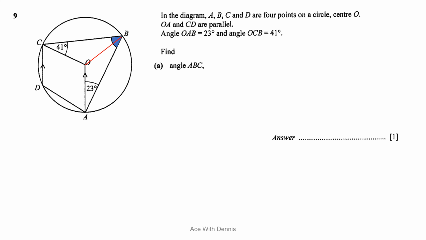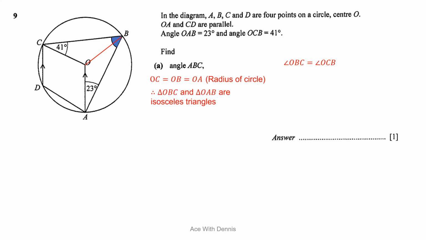Before we find angle ABC, we need to draw a straight line joining point O and B. From here, OC equals OB equals OA, because all these 3 lines are the radius of the circle. Hence, triangle OBC and triangle OAB are isosceles triangles. Hence, angle OBC equals angle OCB, because they are base angles of isosceles triangle, and the value of OBC is 41 degrees.